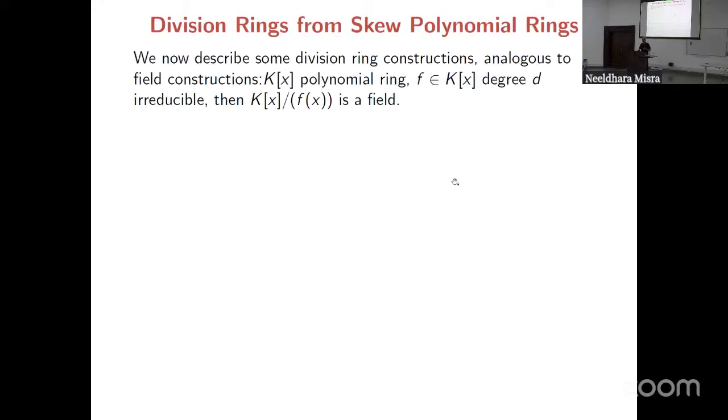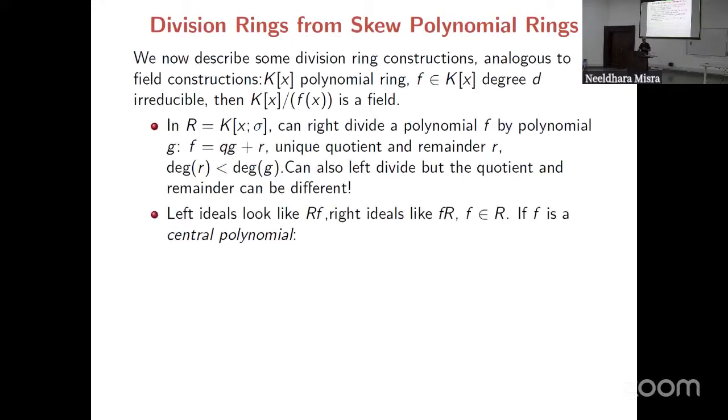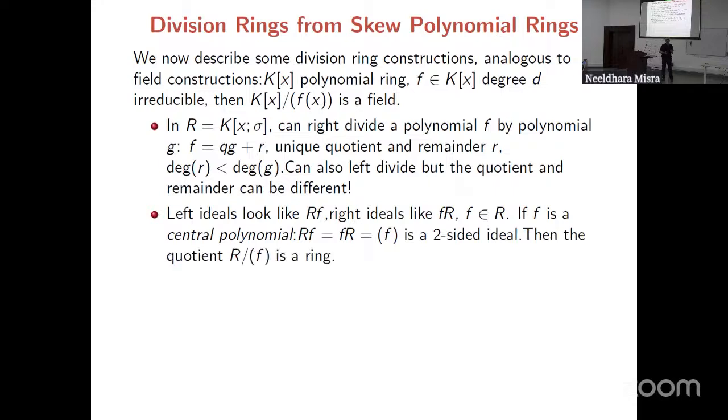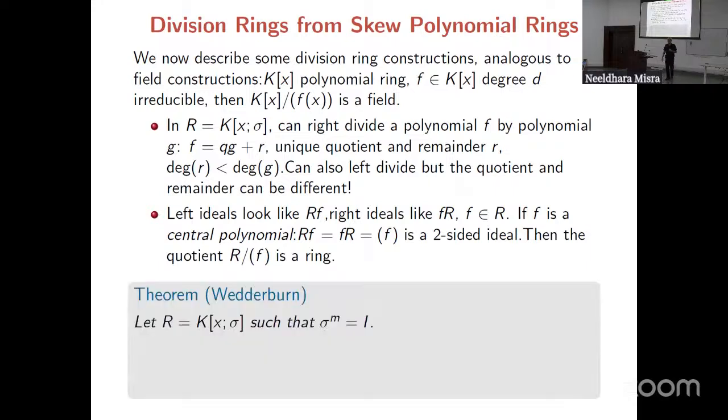then I can go modulo the ideal generated by a central polynomial. And I will get a ring. And my question is, when does it give a division ring? And there is a nice characterization by Wedderburn, whose details we can't go into.